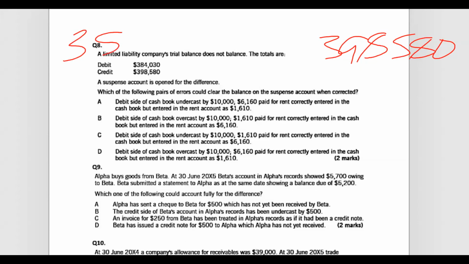Which of the following pairs of errors could clear the balance on the suspense account when corrected? Okay, thank you. So which of these errors, friends?